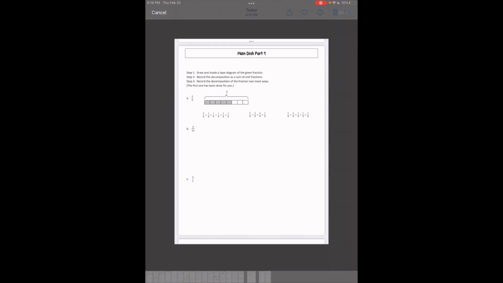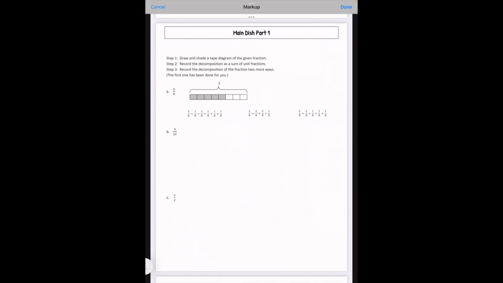So the steps were to, 1, draw a tape diagram, which they've done here. So they represented it as a whole and they shaded in the 5/8 pieces. Then they recorded the decomposition as a sum of unit fractions. Reminder, unit fractions are fractions that have a 1 in the numerator. So this very first decomposition number sentence does that step.